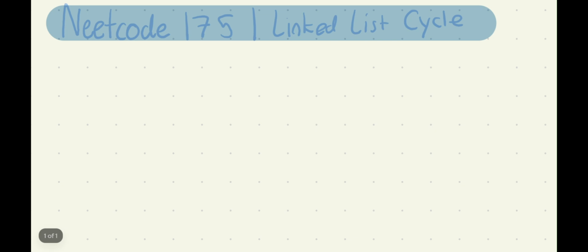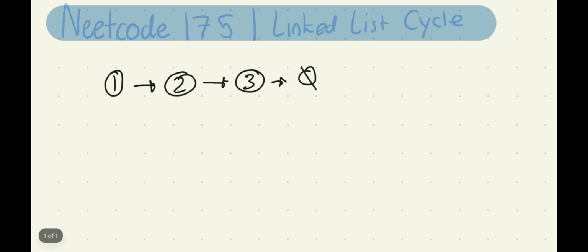So I'll describe the question a little bit. We are given as input a linked list, for example like this, and our job is to determine if this linked list is a cycle. A cycle is a linked list that never ends, or in other words, that never points to null. So for example, this right here is not a cycle because it does point to a null variable, right?